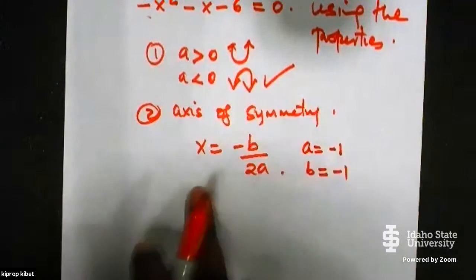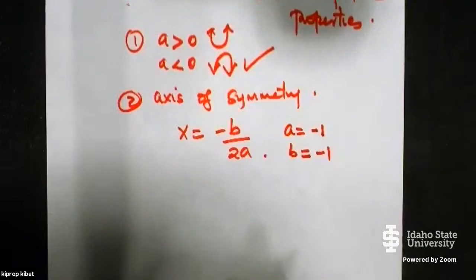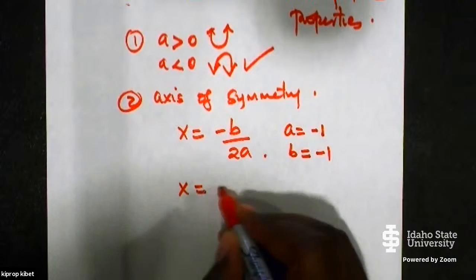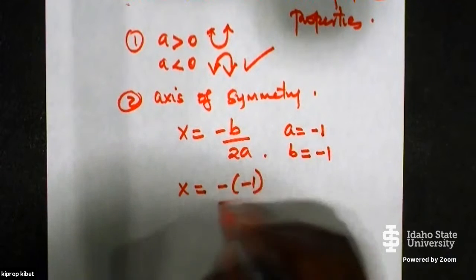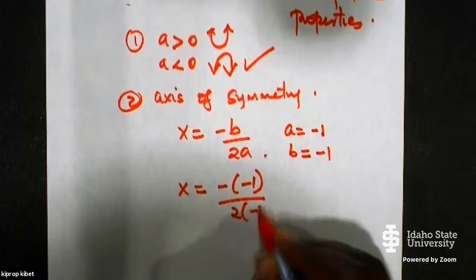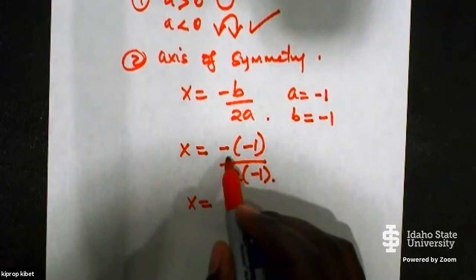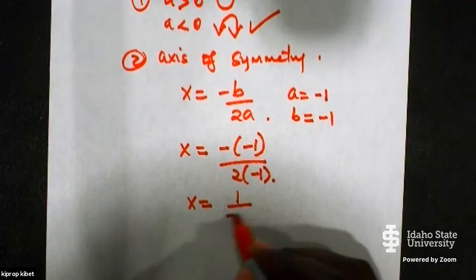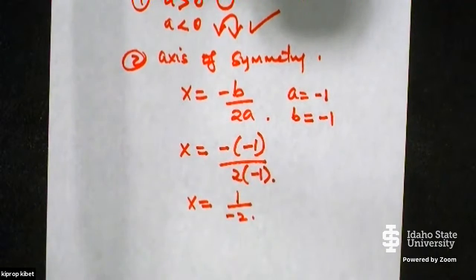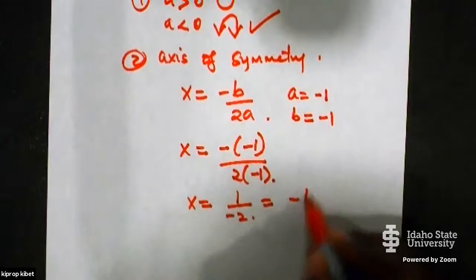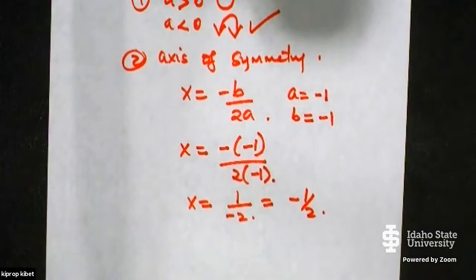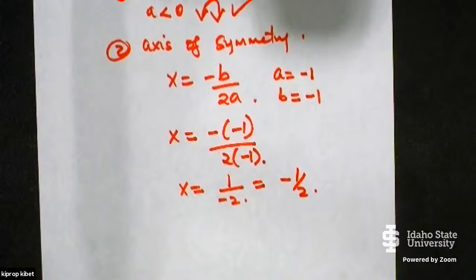So we do the substitution here. x equals to minus 1 all over 2 times minus 1. So x equals to 1 all over minus 2, which is equals to minus 1 over 2. So this is our axis of symmetry.